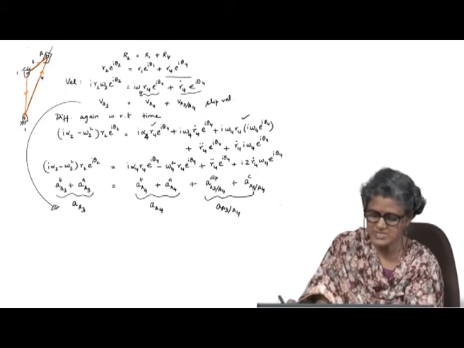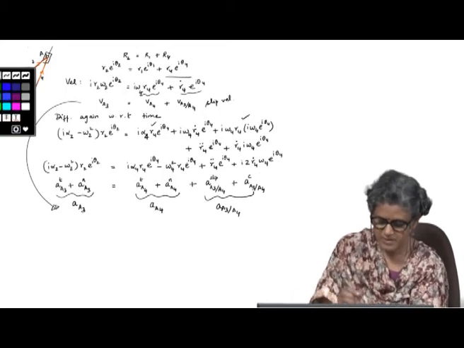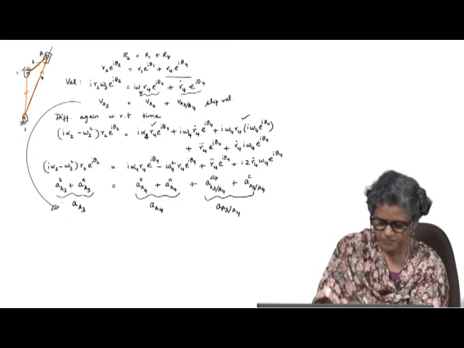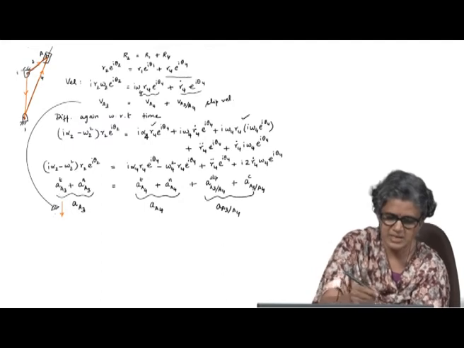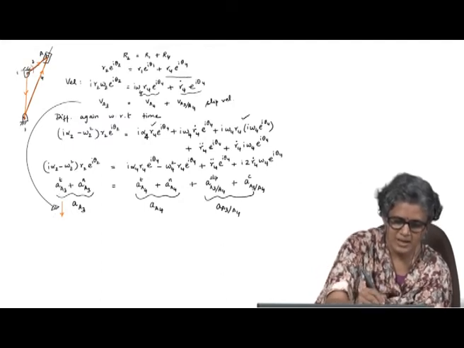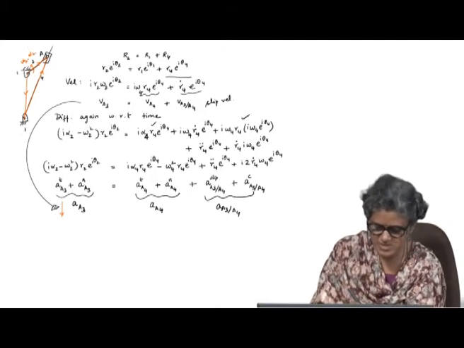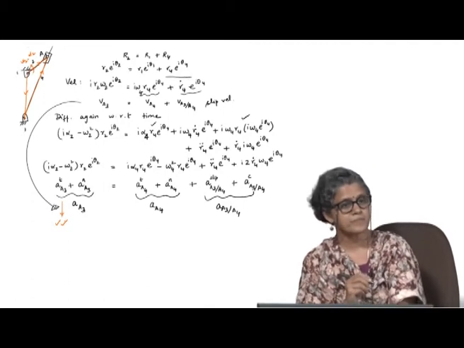So, if I look at this equation again, this term, if that is the input, I have omega 2, alpha 2, say. So, this is your input, so it is completely known.